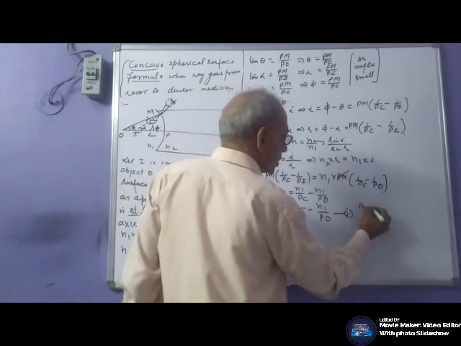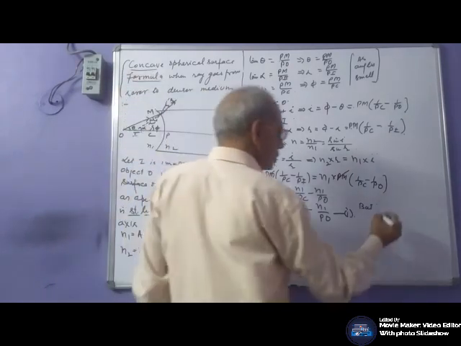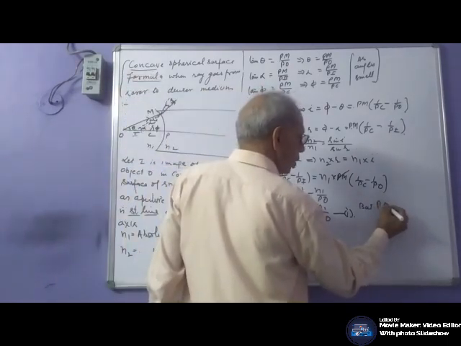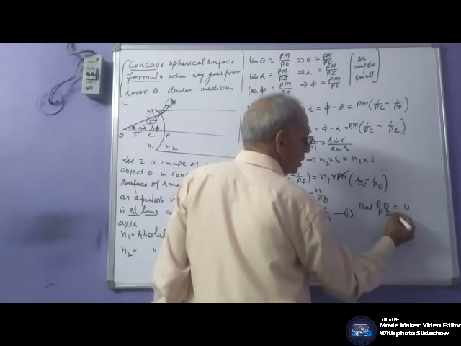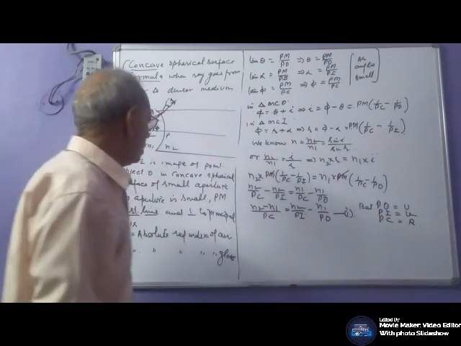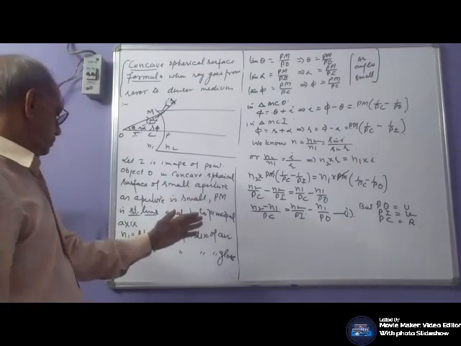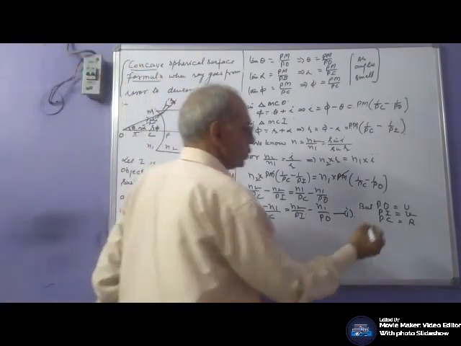But PO object pole is U, PI image pole is V, PC center of curvature pole is R. All 3 are to this side, so negative.